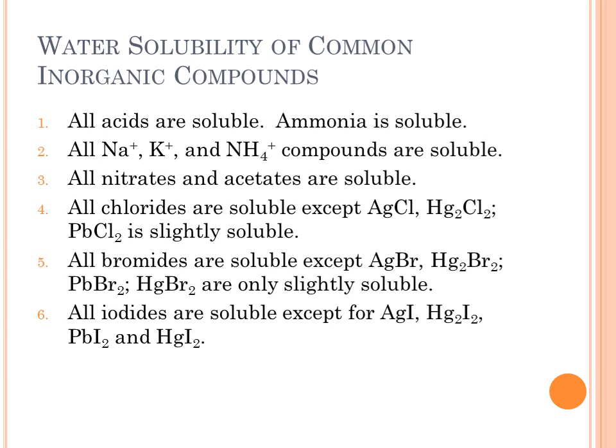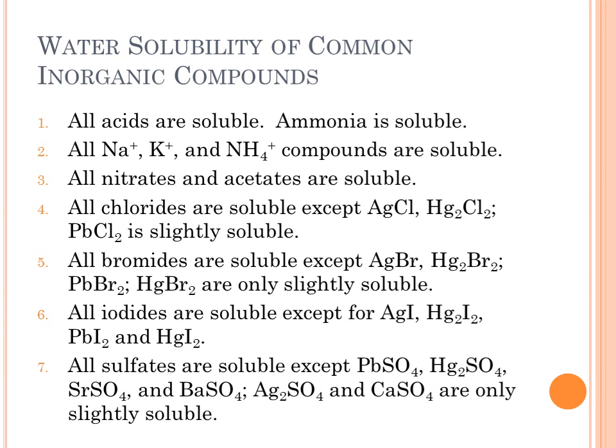Silver iodide, mercurous, mercuric, and lead iodide are all insoluble. Sulfates are usually soluble with a slightly different list of exceptions. Lead sulfate, mercurous sulfate, strontium sulfate, and barium sulfate are insoluble. Silver sulfate and calcium sulfate are slightly soluble. It means a little bit dissolves, but not a really large amount.